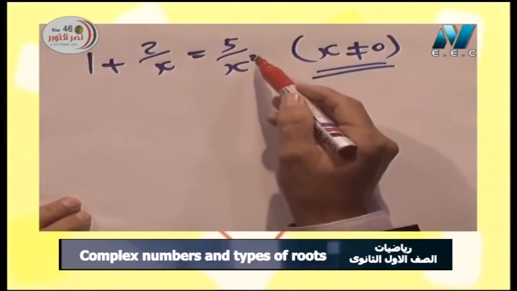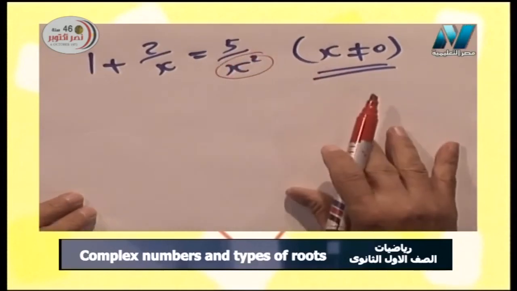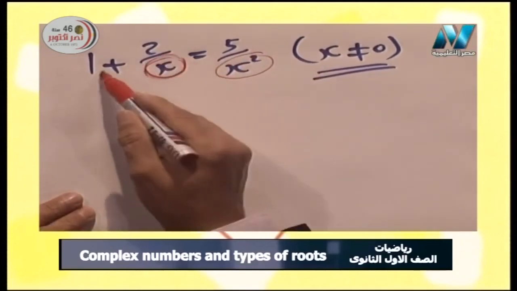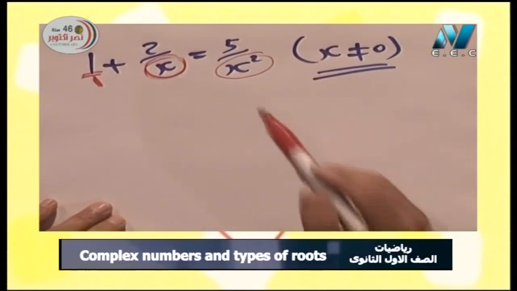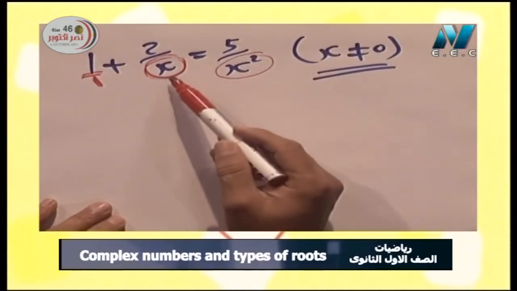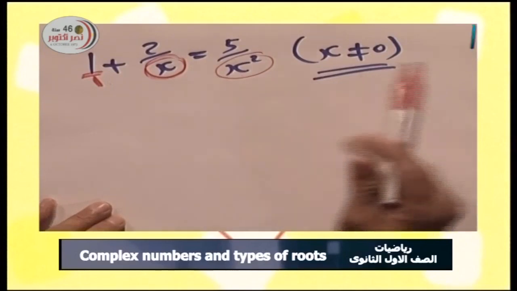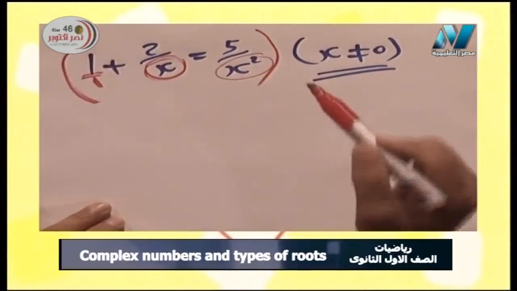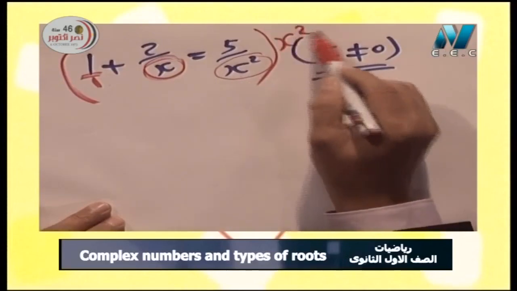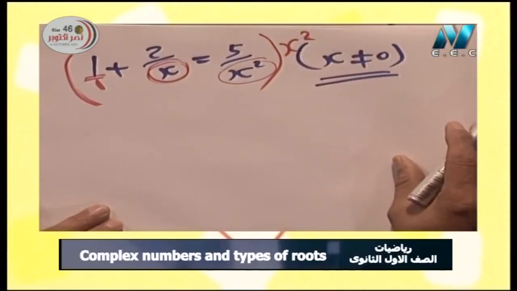We have here x² and x in the denominators. If you want to remove x² and x from the denominator, you have to multiply the whole equation by x². Why?